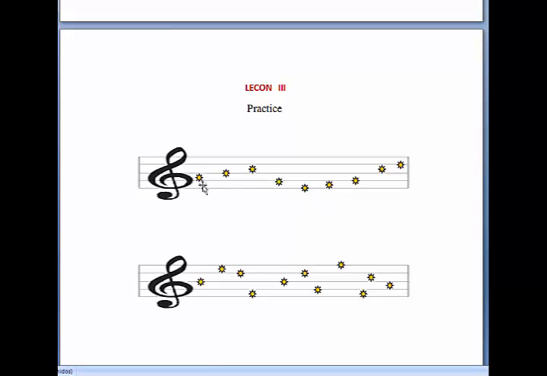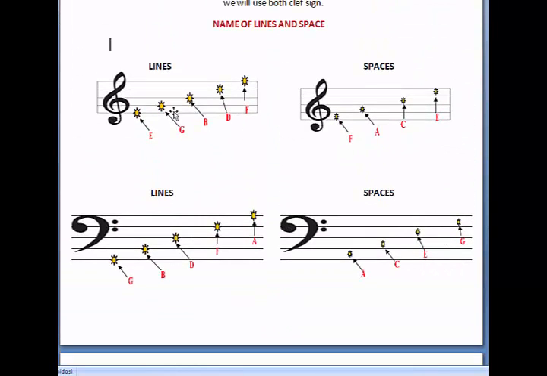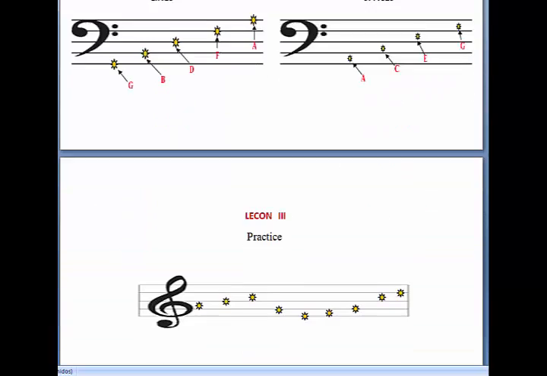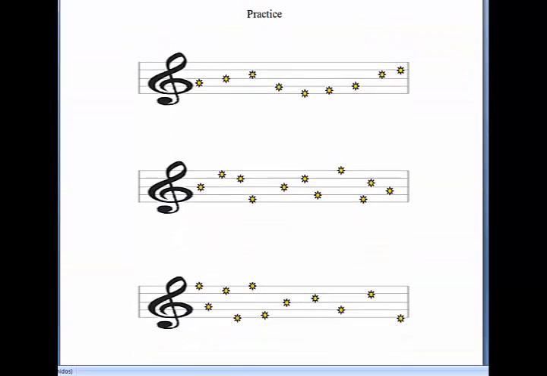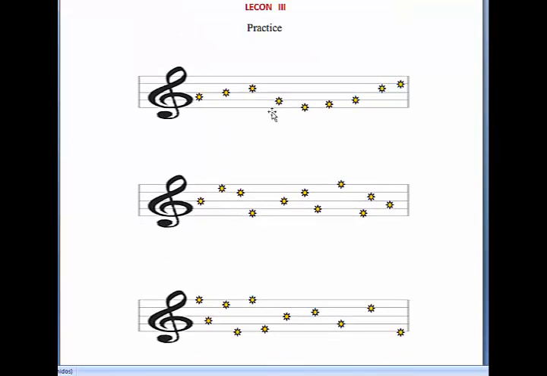Now, if you say, wow, I don't remember the name of that space, then you have to go back to your spaces here. You see, this is the second space, and it's A. Now I remember. Okay, now forever you know the second space is A. You go back again to the practice paper and continue.